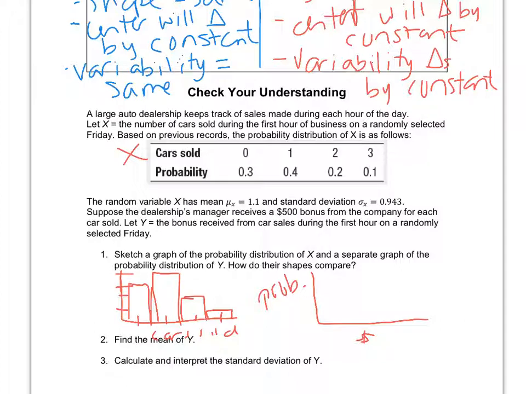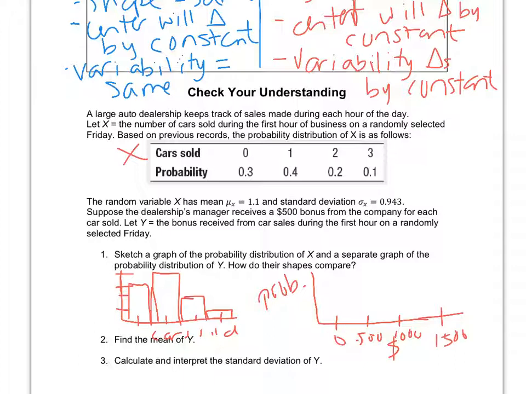So he could earn 0 money if no cars were sold, right? He could earn, let me move the money sign down there. He could earn $500 if 1 car was sold. He could earn $1,000 if 2 cars were sold, and he could earn $1,500 if 3 cars were sold.